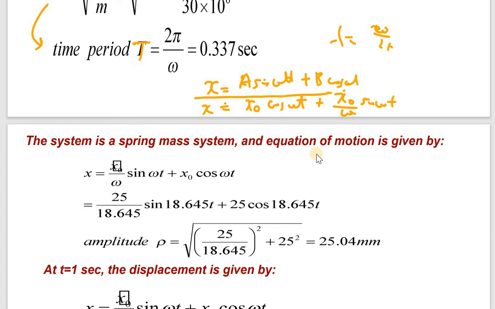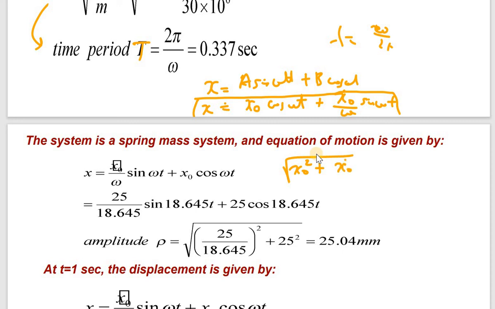This equation we have derived, and this is the general equation. From this we are going to find out the amplitude. Amplitude will be root of A square plus B square, or root of x0 the whole square plus x dot 0 by omega the whole square. Now from the equation I know what omega is, so I can find out the amplitude.